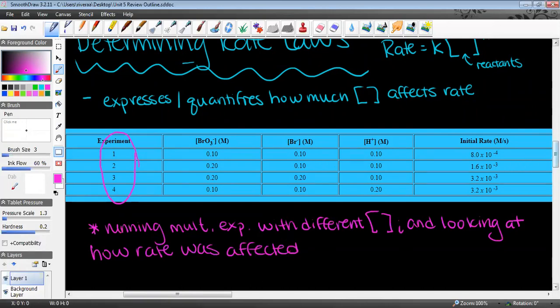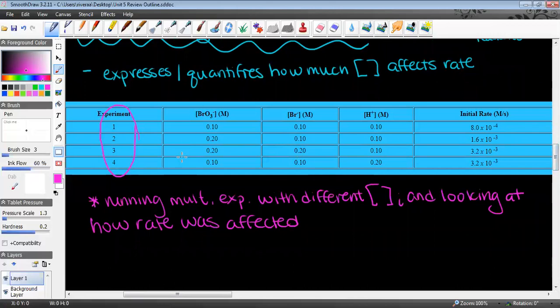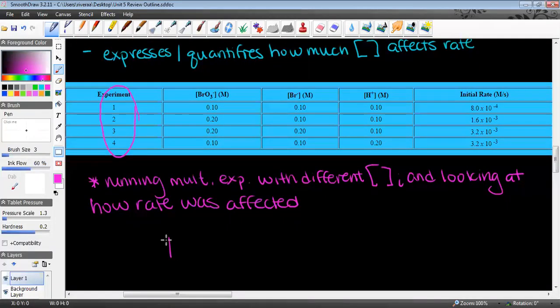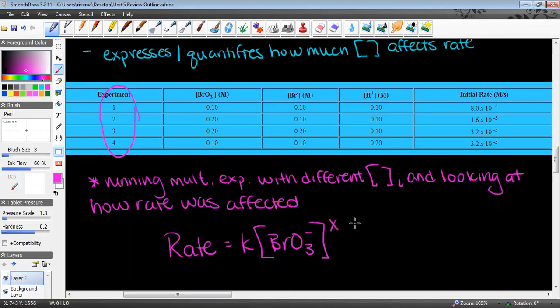So, in order to do these types of problems, remember, in this case we have 3 reactants. So we're trying to find the rate law for all 3 of those. We want to find out how much the bromate ion concentration affects the rate.